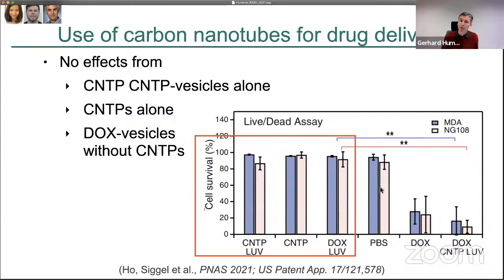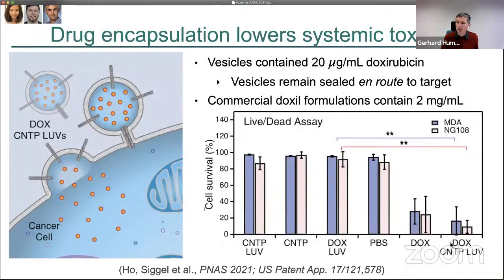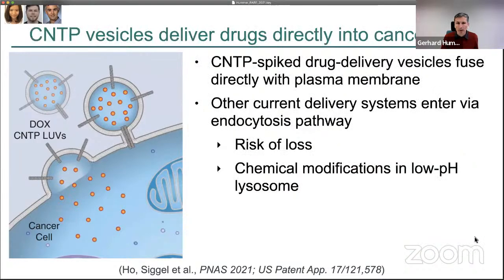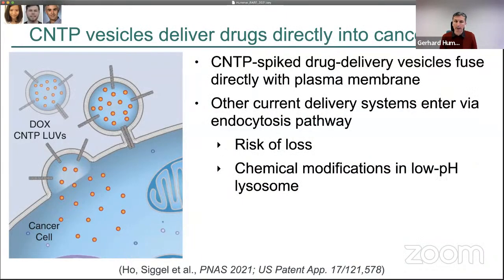Same thing, no effect with only buffer. However, if you add free doxorubicin, this is the second from the right, or doxorubicin-loaded vesicles with carbon nanotubes, you have a very drastic drop in cell survival. So this actually works.